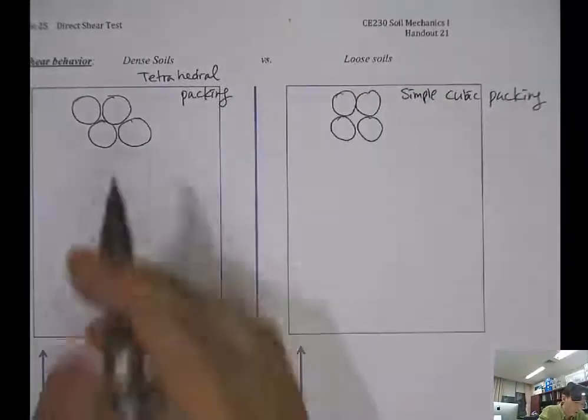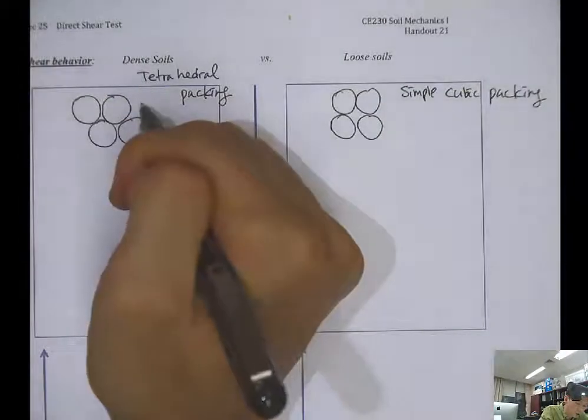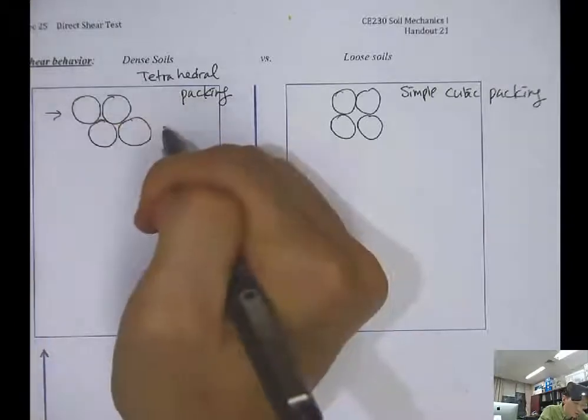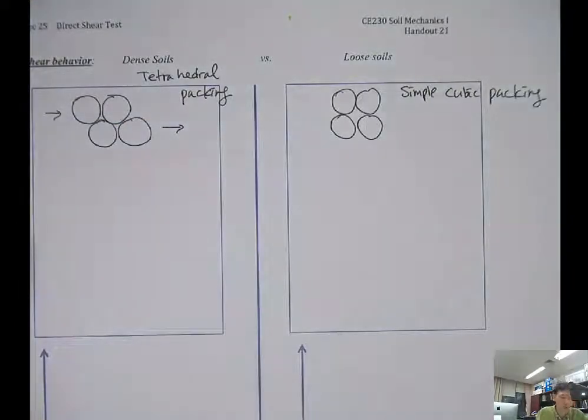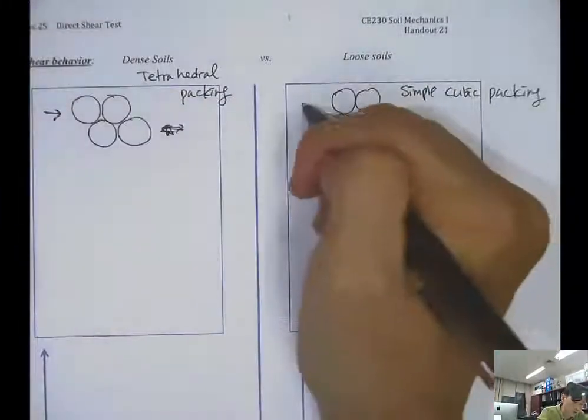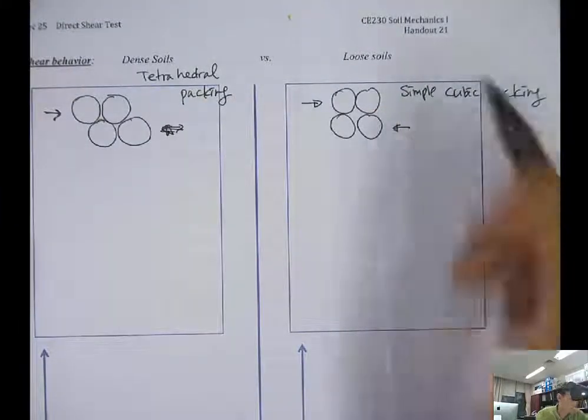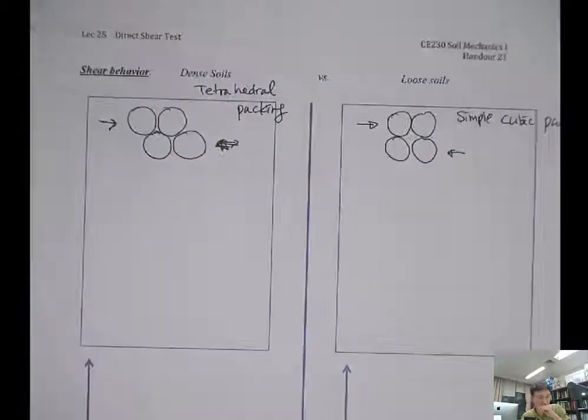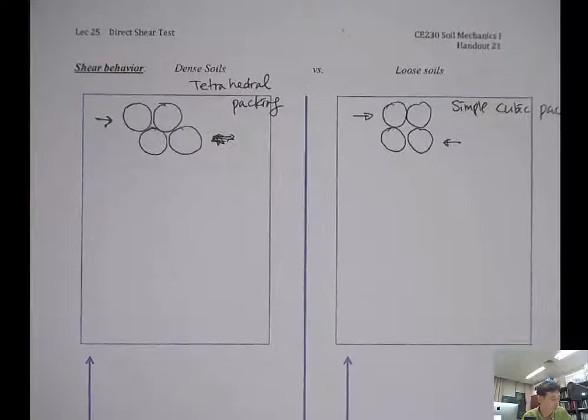So let's imagine that we are shearing it in this direction, and here, and here. What will happen in terms of the particle movement?